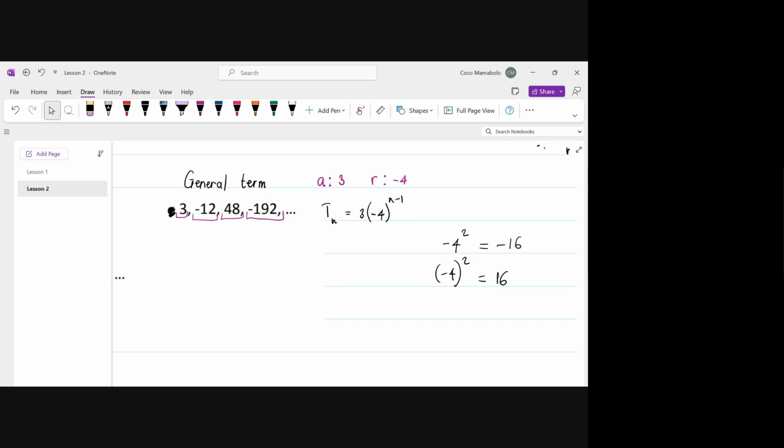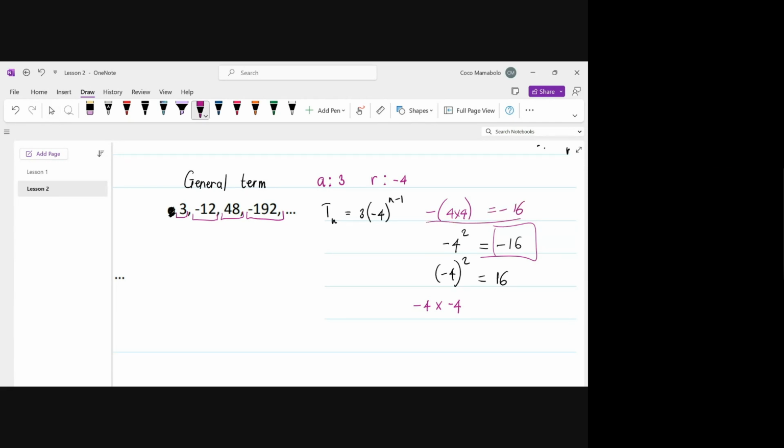Now, if we leave our negative 4 sitting like that, all my answers are just going to come out negative. But if I put a bracket around it, what your calculator does is it registers that as negative 4 times negative 4. This one over here at the top goes negative, and then it goes 4 times 4, and it adds a negative, and that's why we get negative 16.